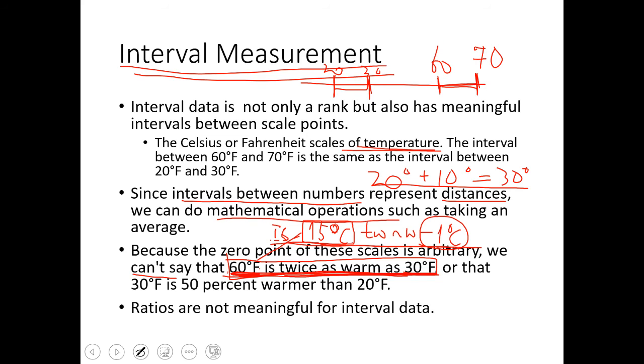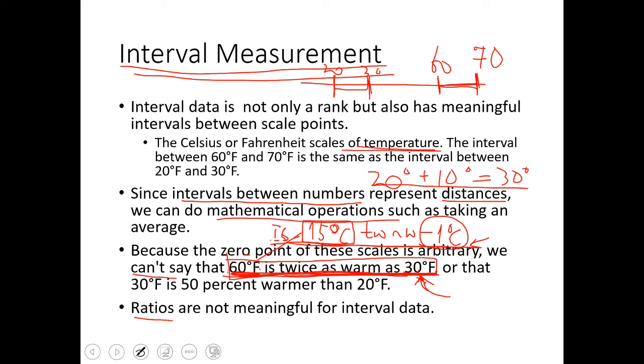The 60 Fahrenheit and 15 Celsius are the same information, but we cannot say it is twice as warm as 30 Fahrenheit for the Celsius. So if the data has this kind of property, we cannot say this data is ratio. Interval data cannot be ratio.